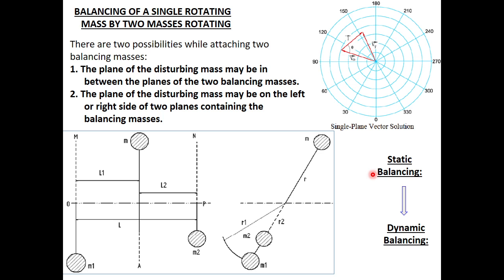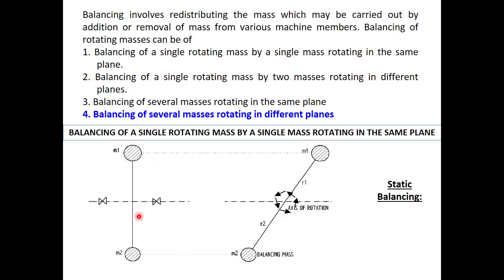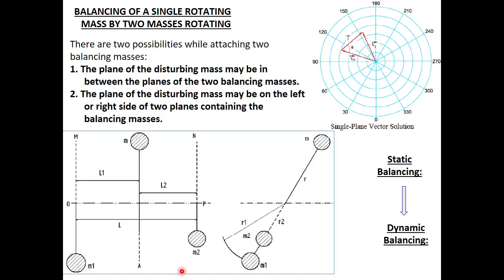Now let us consider a particular situation where we have a single mass, and we are trying to balance it by two separate masses. So this is not identical with this one. So here the balance masses are in different planes. So in that case, what do we need to do?